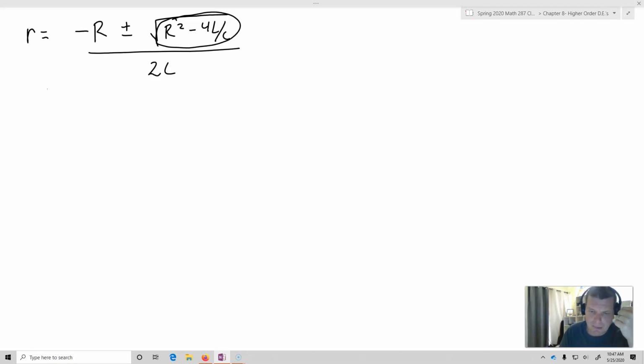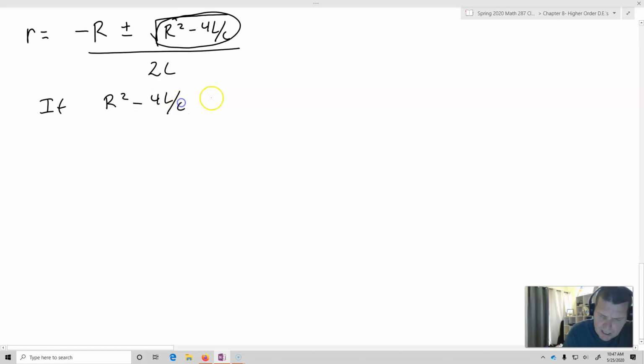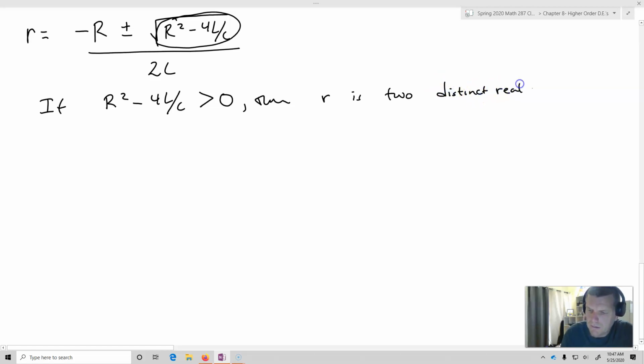And if it's a positive real number, then that means that r has 2 separate solutions. So if r squared minus 4L over C is strictly greater than 0, then r is 2 distinct real numbers. What does that mean?